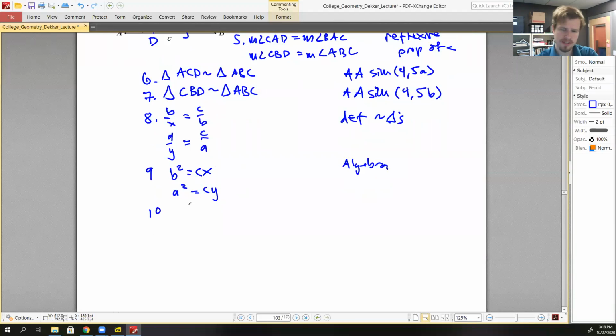If I add these two equations together, then I get that a squared plus b squared is equal to cx plus cy, pulling out the common factor of c, c times x plus y.